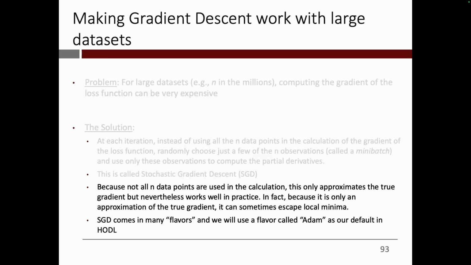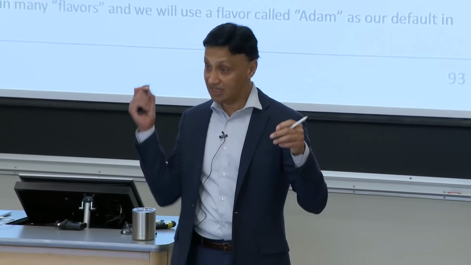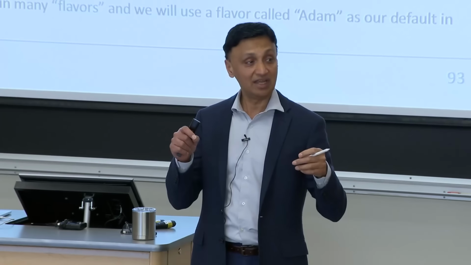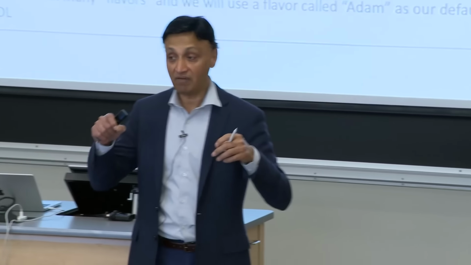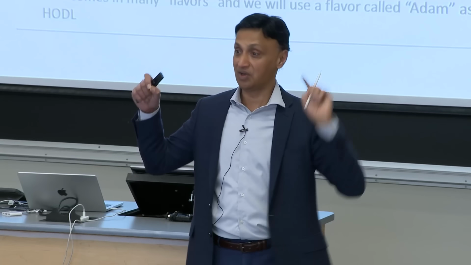And very tantalizingly, because it's only an approximation of the true gradient, SGD can actually escape local minima. So in the true loss function, you're at a local minimum. But when you're doing SGD, you're reaching the minimum of the SGD loss function, which may not be the actual loss function.